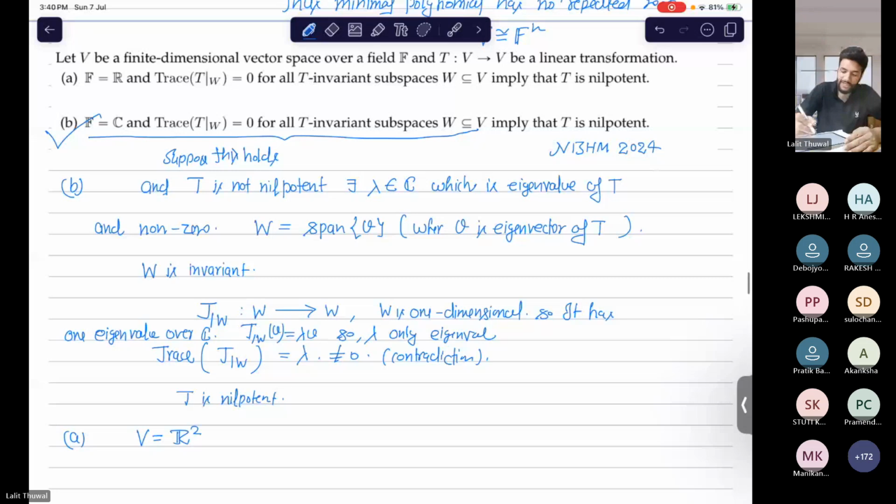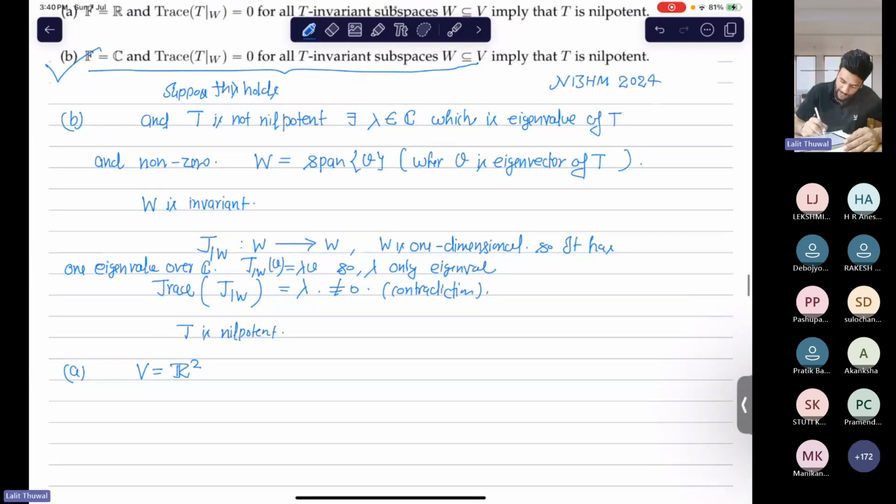So let me first write the example here, then I will let you know how I constructed that example. So the example is T equal to, defined by this matrix.